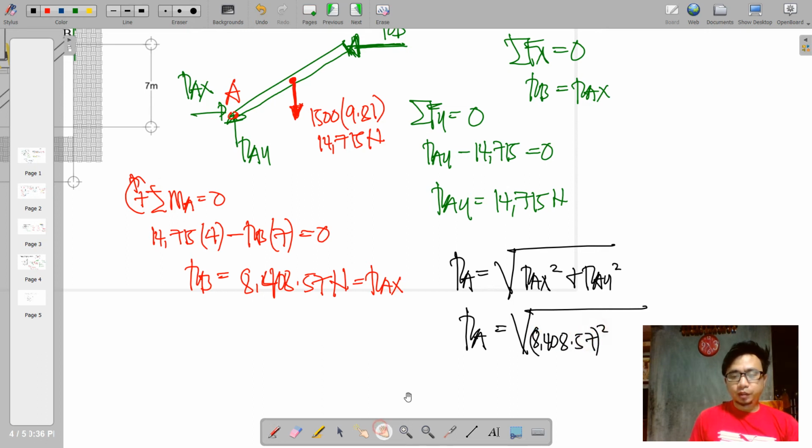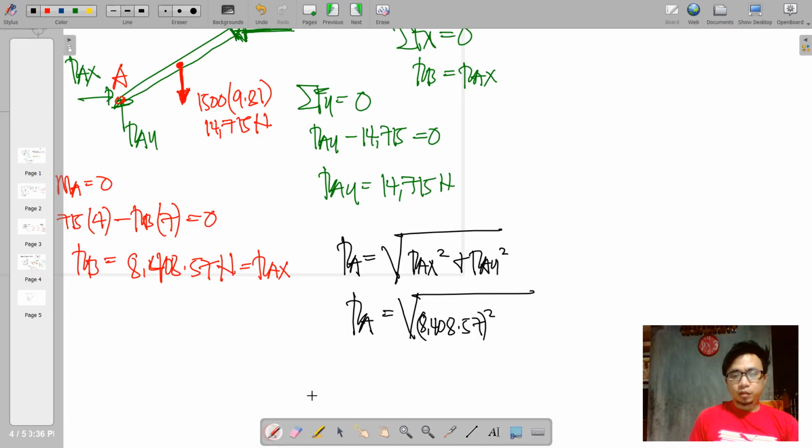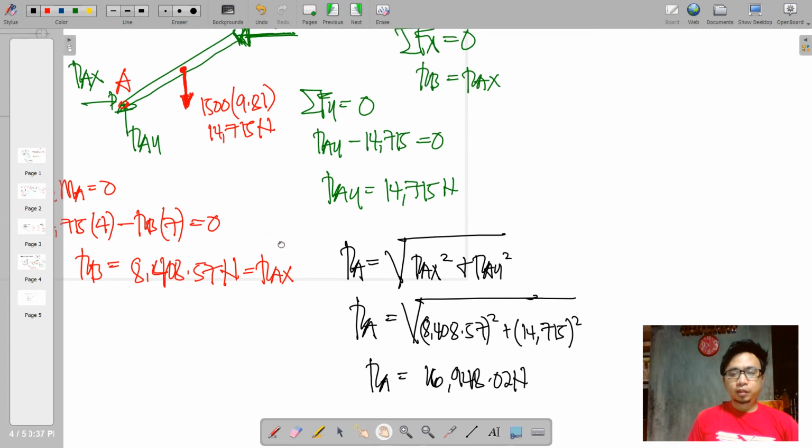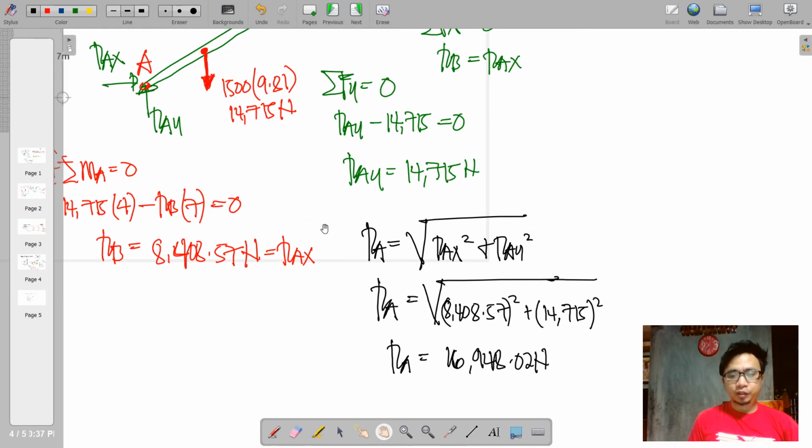Let us square that one. Then we add RAY, 14,715 newtons, that is also squared. So you can find here RA, we have 16,948.02 newtons. So this 16,948 will be actually the cause of your shear.